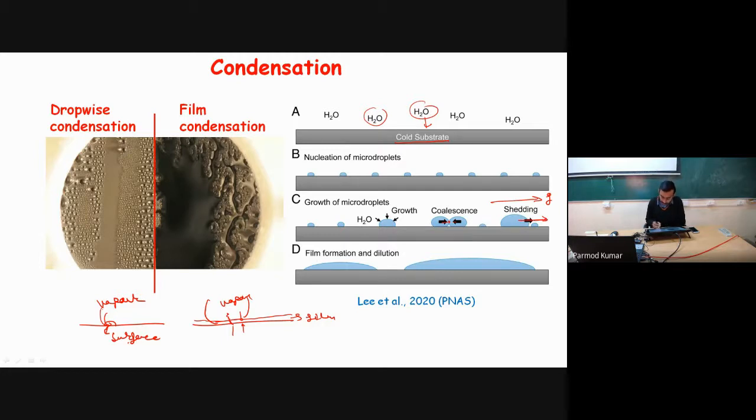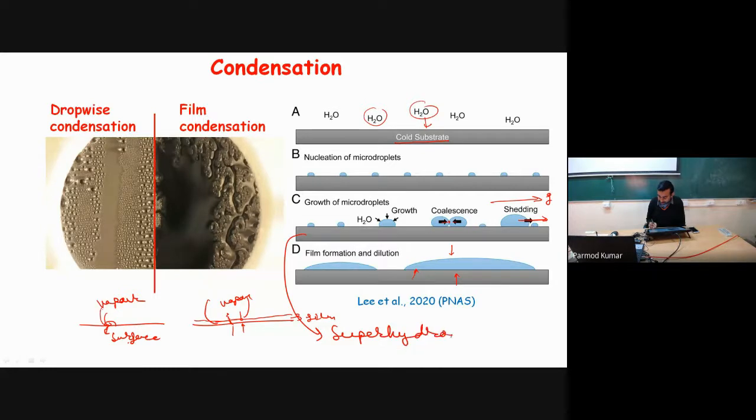When these droplets fall in the downward direction, they may form a film, and once this film forms on the surface, the direct contact of vapor with the solid will decrease, and in that case the rate of heat transfer will also decrease. So our idea in condensation heat transfer is to have super hydrophobic surfaces.